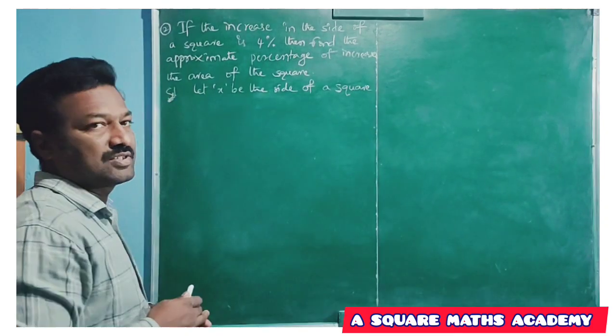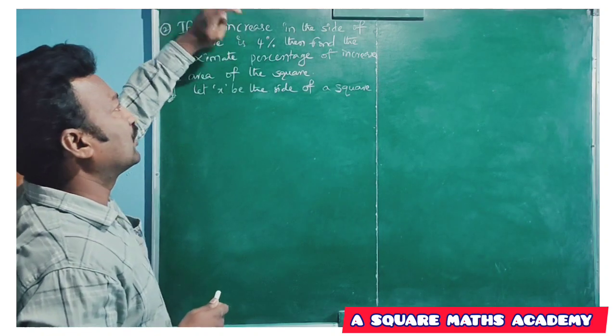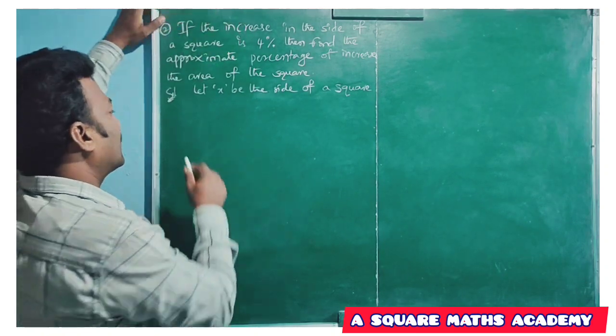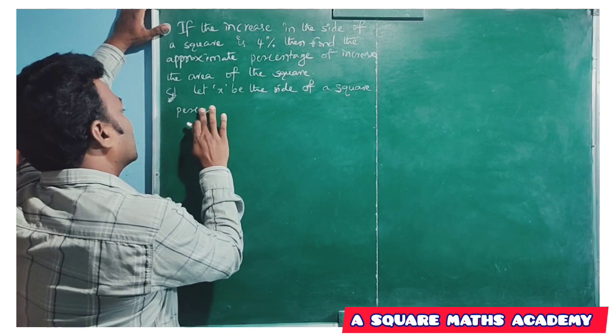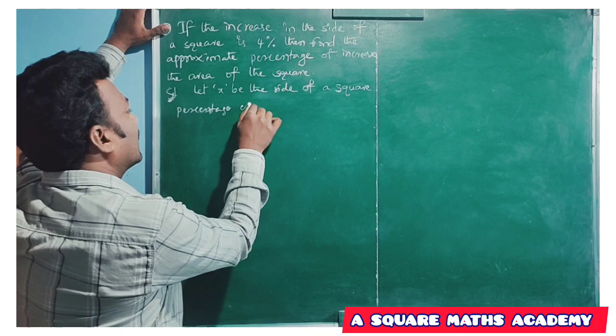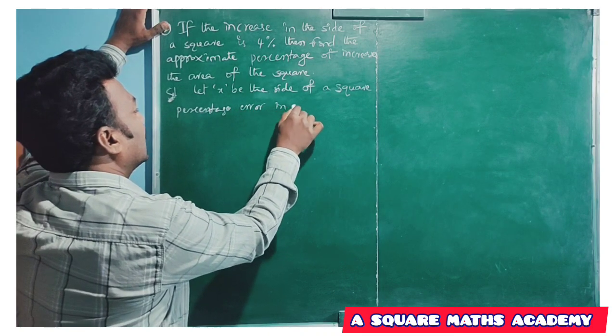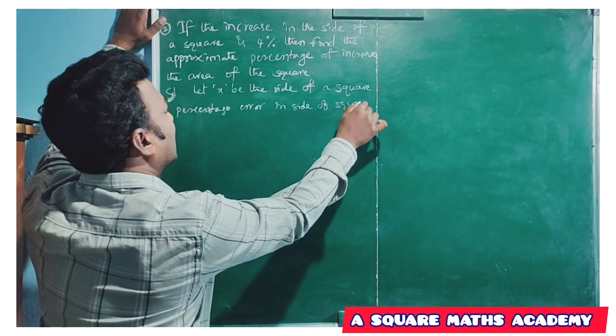So x be the side of a square. What is given here? The increase in the side of the square is 4%. So the percentage error in the side of the square is given here.